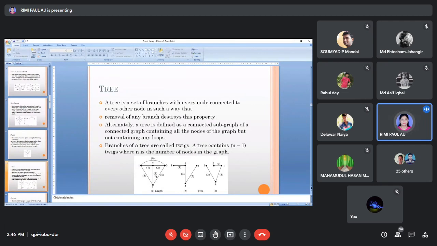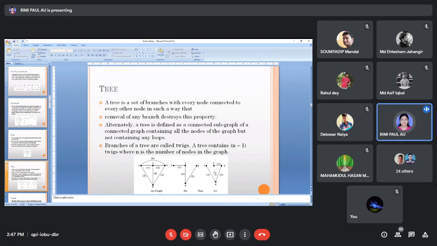So this is not a tree. A tree should be one where there is no loop. If I take these 1, 2, 3, 4 nodes, all nodes are present, and this branch is absent, this branch is absent, this branch is absent, then this is called a tree. So you have to find out different numbers of trees. We'll see how to find them.